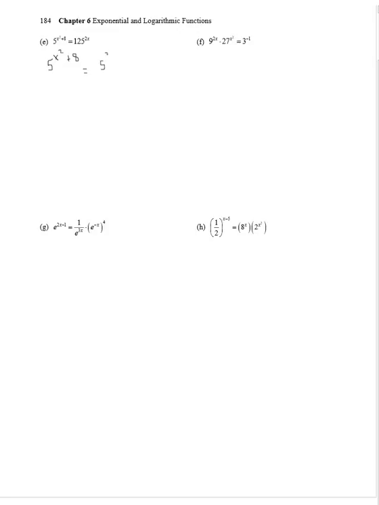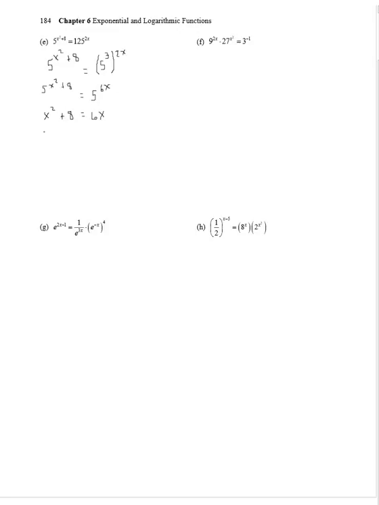So that's (5³)^(2x), which means we have 5^(x²+8) = 5^(6x). Using the rules of exponents, we multiply, so 3 times 2x is 6x. So we have x² + 8 = 6x.